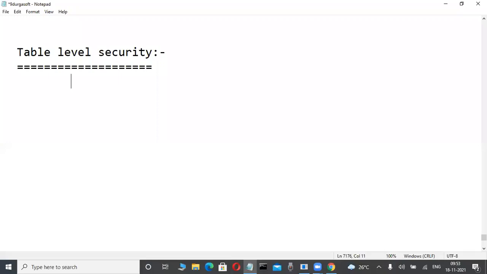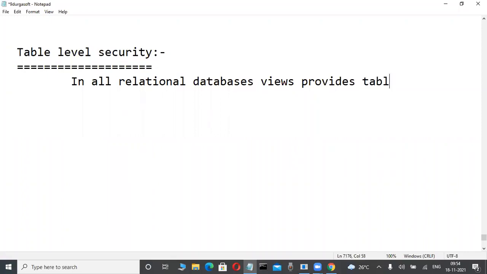In all relational databases, views provide table level security.